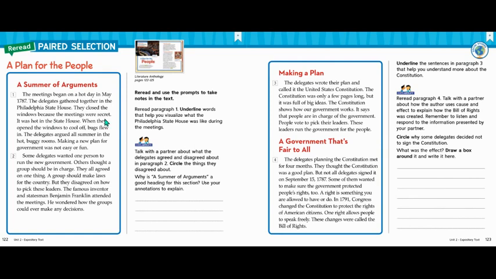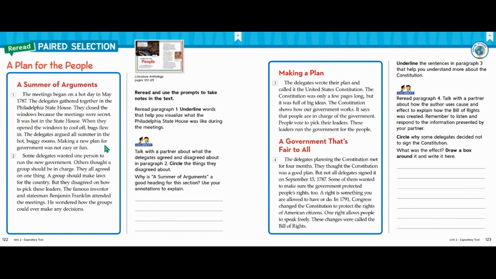They closed the windows so that other people can't hear the secrets. It was hot in the State House. When they opened the windows to cool off, bugs flew in. The delegates argued all summer in the hot, buggy rooms. Making a new plan for government was not easy or fun.